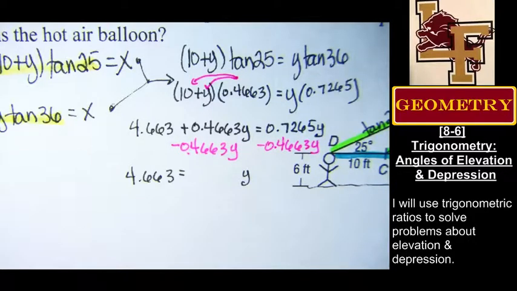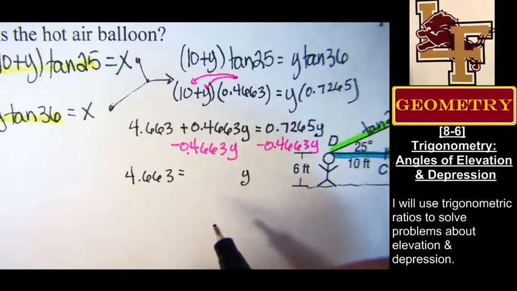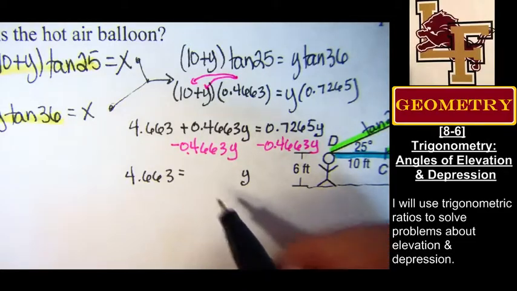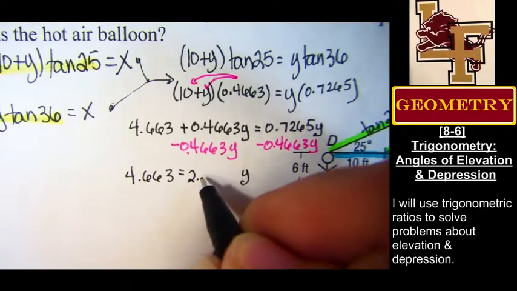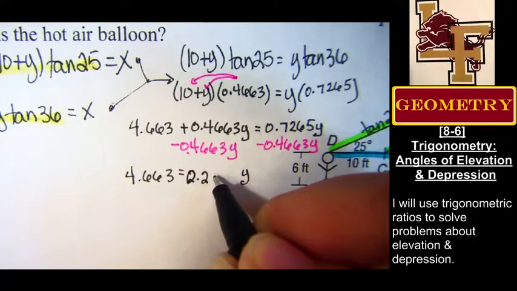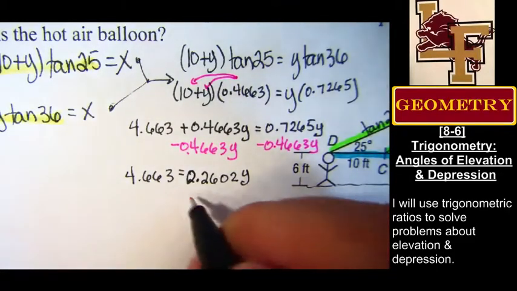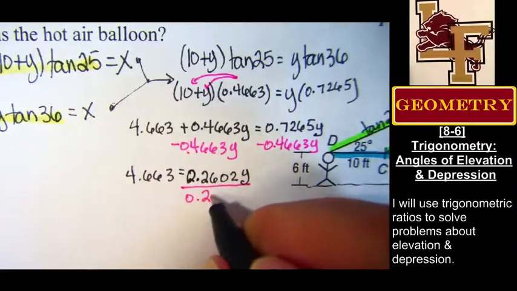Need some help with the 0.7 whatever minus the 0.4 whatever. Help. Is it a 0 on the front? 0.2. 0, 2. All right. That's a fun looking coefficient.